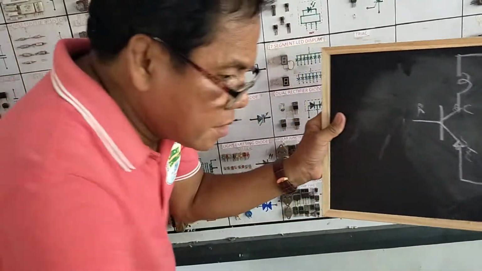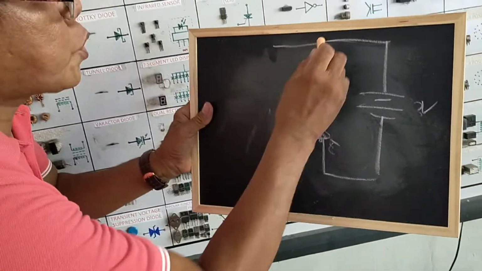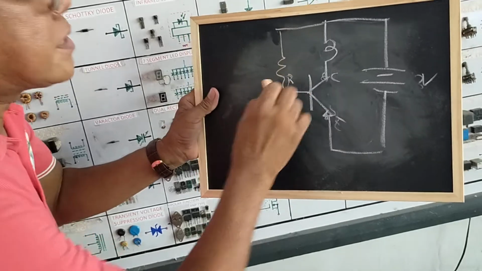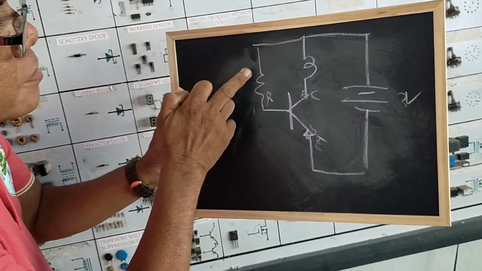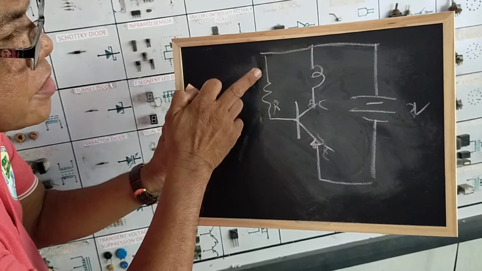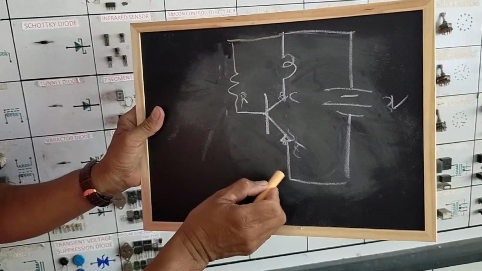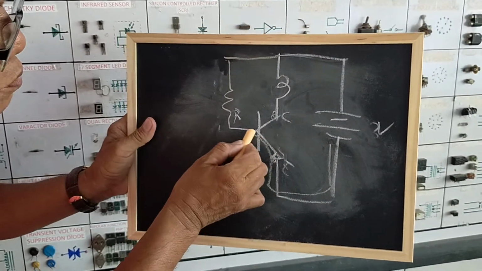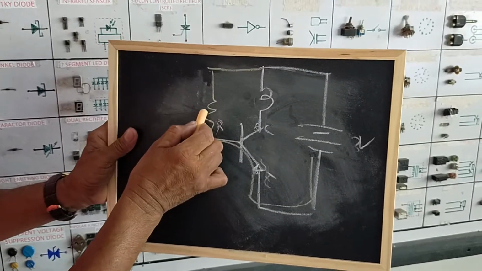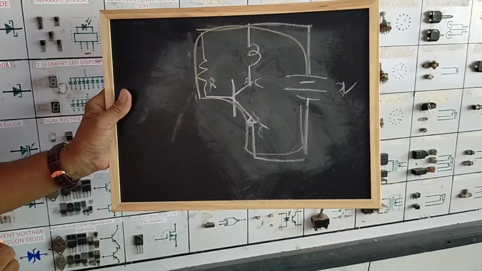when the base is triggered, okay, if we connect a resistor to the base from the positive side, one terminal of this resistor is connected to the positive side and the other terminal is connected to the base. So, there would be current flowing from the emitter to base junction, then to this resistor going back to the positive side of the battery.